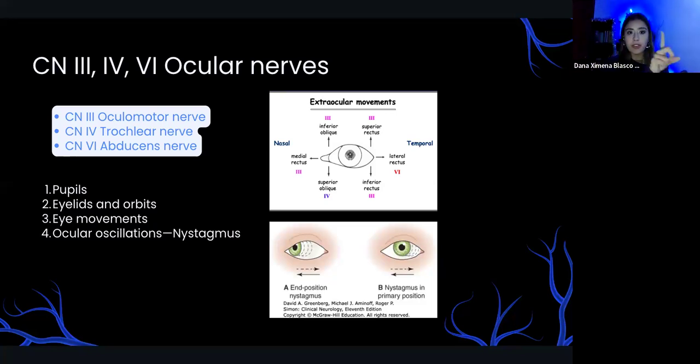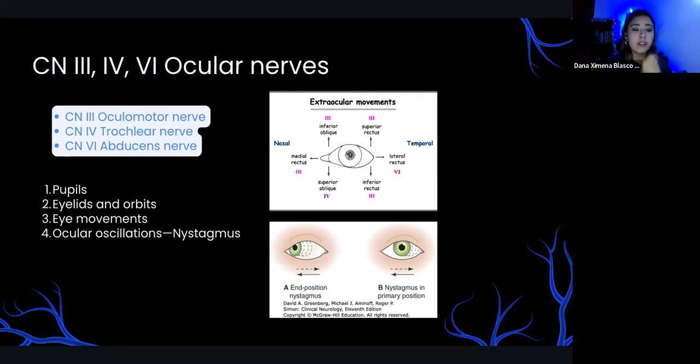You're going to move your finger in every single direction, because we're going to be examining if the patient can move his eyes in all directions properly. And here we're going to be examining these ocular movements, and if any oculomotor nerve is probably impaired. Okay, if it has a lesion in this nerve.